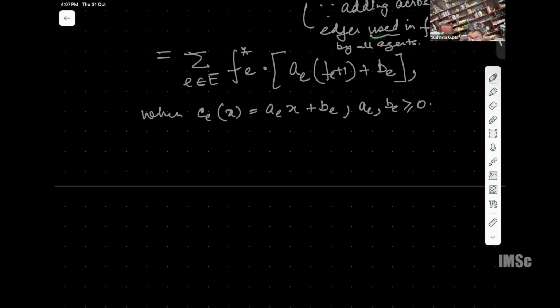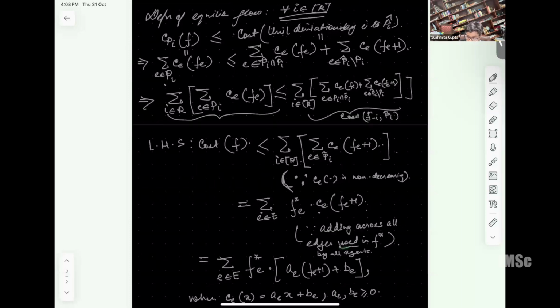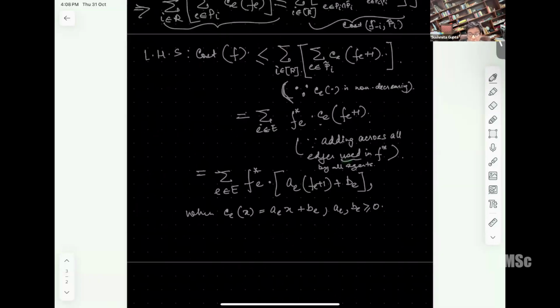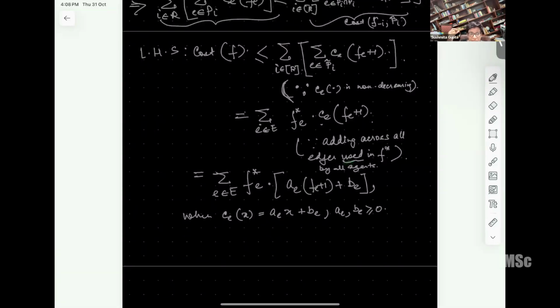Okay. So see, the point is, right now what we have is we started with this path description, what was happening path by path, in terms of deviation, and then we have whittled it down to accounting for the cost or the congestion experienced edgewise, because that's where the congestion comes in, right?